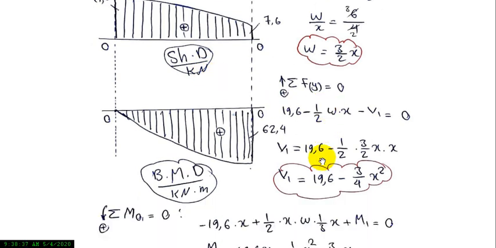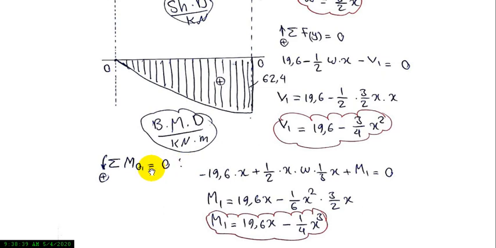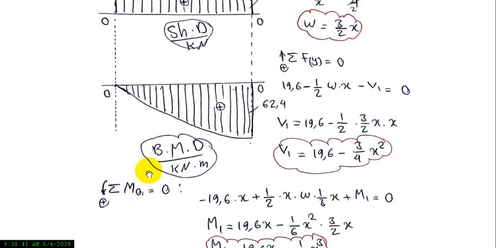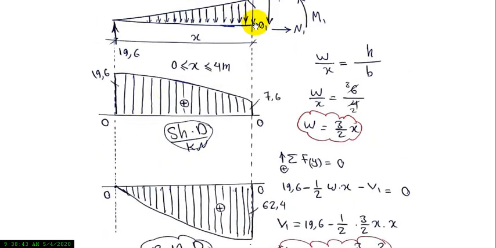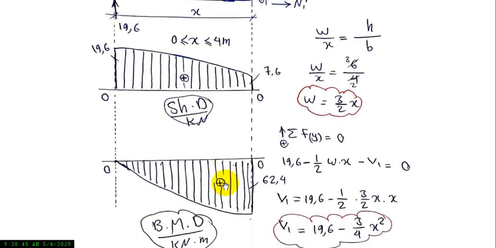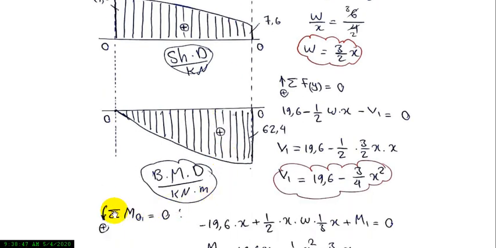And also we take moment at point O1. In this point, we take a moment. The direction of moment is optional. Generally we accept counterclockwise positive and clockwise negative.